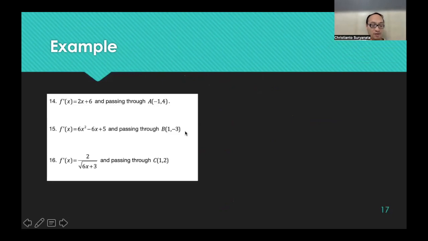And then for this one, we are looking for the constant c. We know that f prime x is x plus 6, passing through the coordinate. So we can just integrate to find the original function first. We integrate x plus 6 dx, and this equals x squared plus 6x plus c. And how do we find c? Replace the coordinate negative 1 and 4.